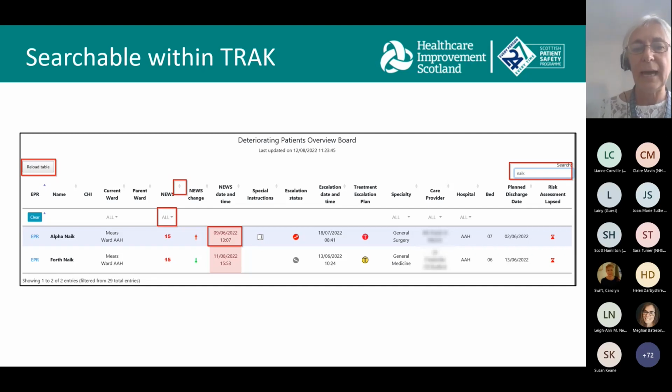So it gives very easy access and overview, and shows the importance of that communication that Gavin was talking about for use at the level of the ward round, at handovers and huddles, and at site level.